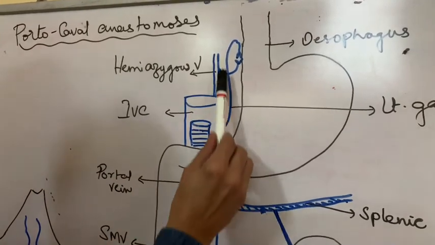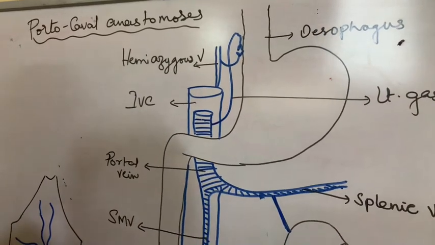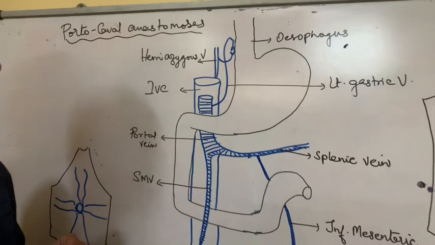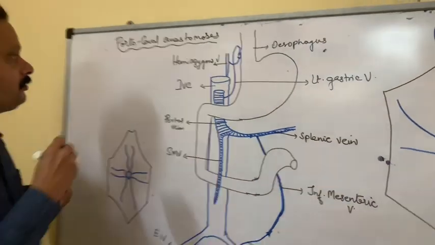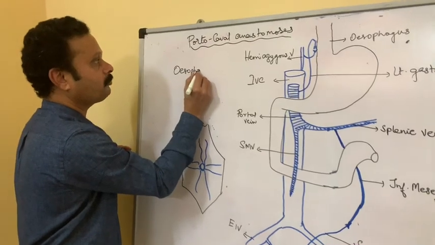So this anastomosis is present in the wall of the lower end of the esophagus. Clinically the importance is that it might result in the formation of esophageal varices or piles.